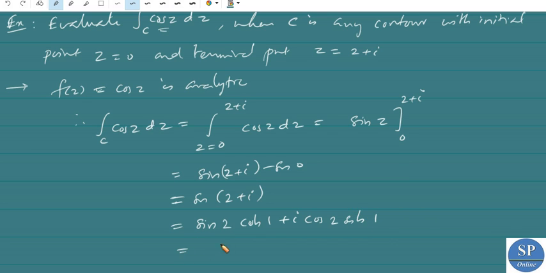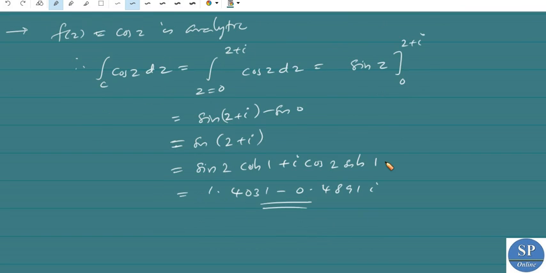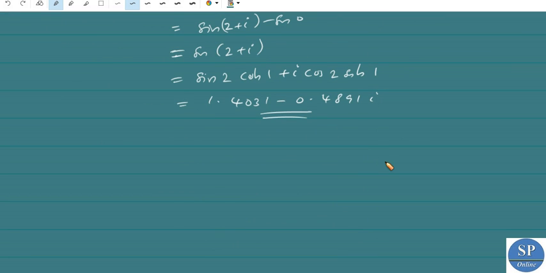You can just find this by using your calculator. It will be 1.4031 minus 0.4891i. Since cos is analytic, we can directly integrate the function and use the fundamental theorem. Next we have a theorem.